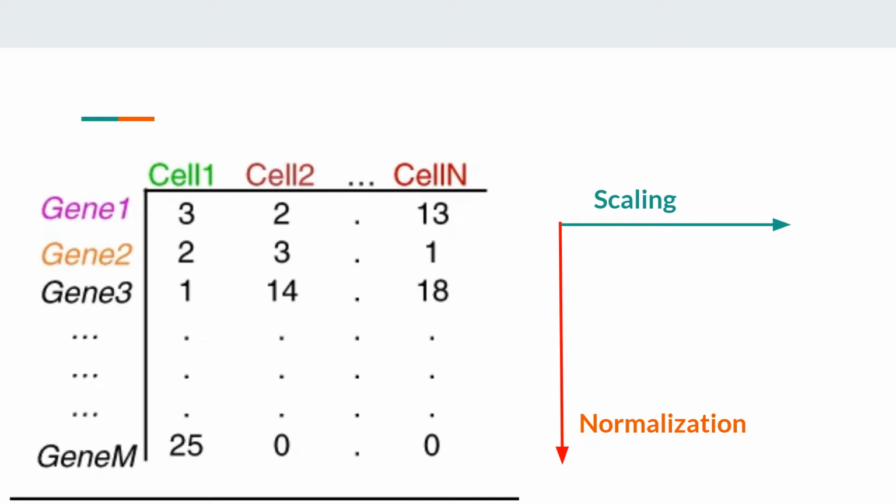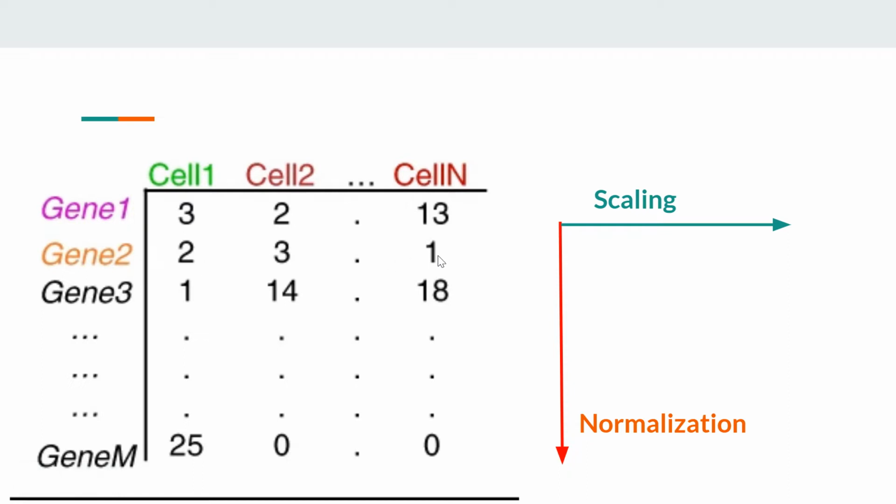For example, for this gene 1, the count is, let's say, 1000, 2000, 3000, 4000, in that range. Whereas in this gene, the count is in the range, let's say, 10, 20, 30, 40. The expression of this gene is low across all the cells, and the range is very small. The range is important.